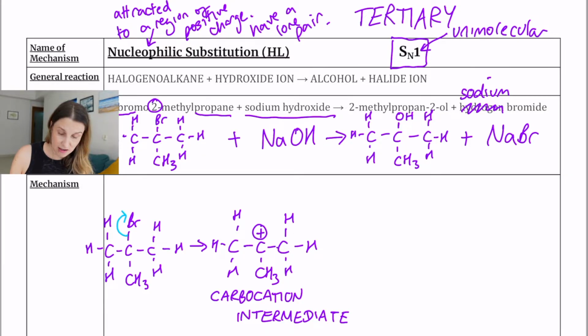Now that cation means it's positively charged, carbo just means it's a carbon that's positively charged, and this species can hang around for a little bit, like it exists for a small amount of time, when that bromine has broken off.